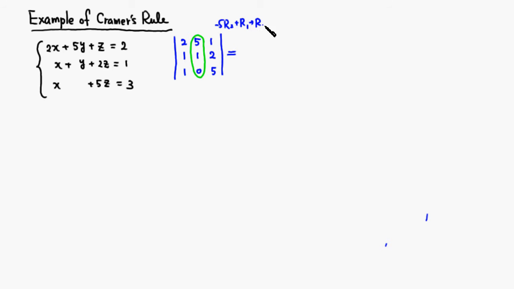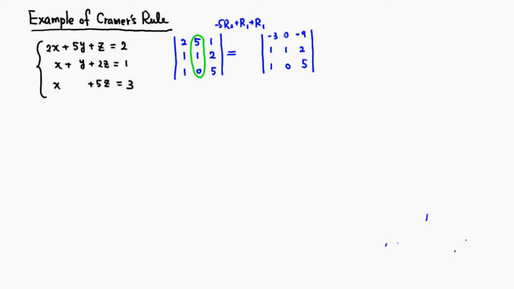That's going to be our new row 1. So -5 plus that is going to be -3. -5, so it's going to be 0. -5, so -10, plus 1, so -9. Then you have a 1, 1, 2, and 1, 0, 5.